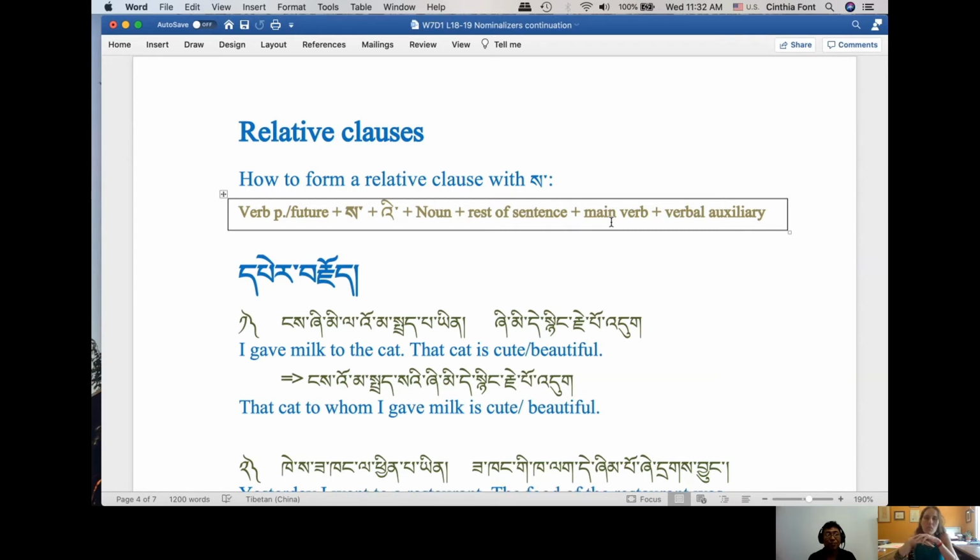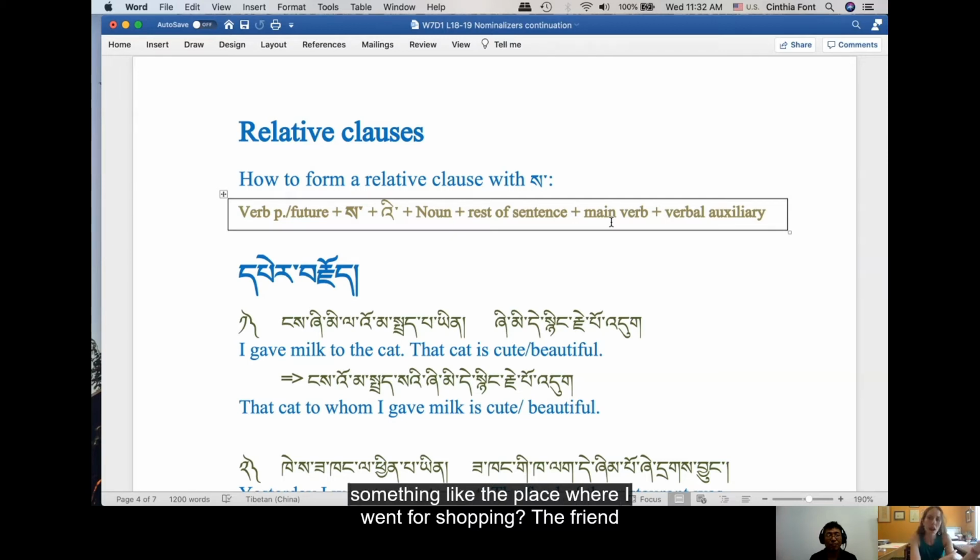Now, relative clauses with sa are those where you mean to say something like, the place where I went for shopping, or the friend that I spoke to yesterday. So this, that, where, which, who, or whom are relative pronouns, as we call them in English grammar, that introduce two clauses in your sentence.